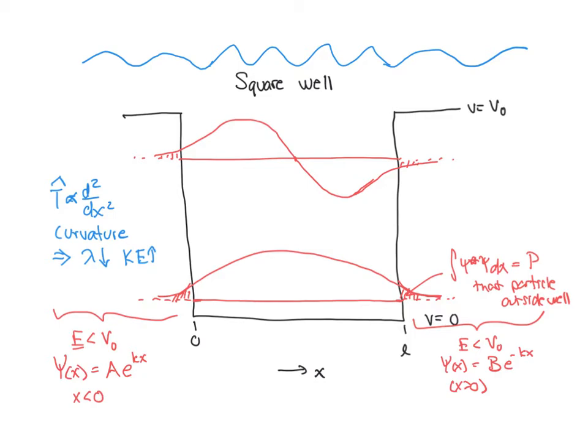So I would expect that the wave functions for states that are unbound, that are not quantized, should look something like the blue line. Notice that up here, if I have particles in the classically allowed region, there are no restrictions on the wave vector, and the wave vector can be anything.